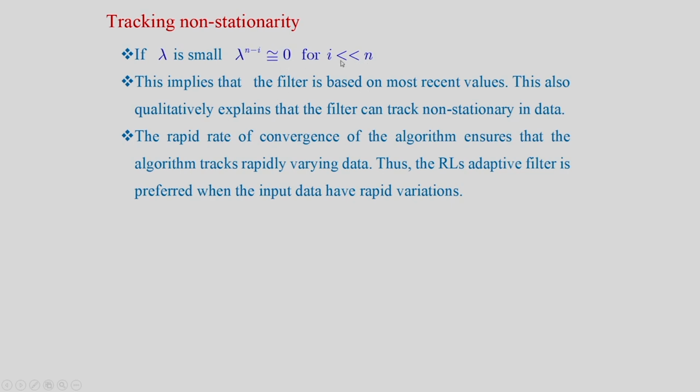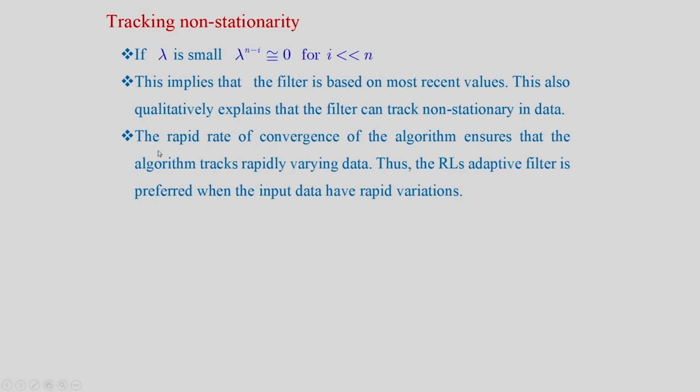This implies that the filter is based on the most recent values only, because we are weighting every error by lambda to the power n minus i. Therefore, the filter will be based on the most recent values. This also qualitatively explains that the filter can track non-stationarity in data.